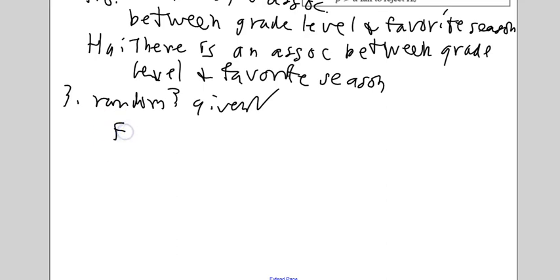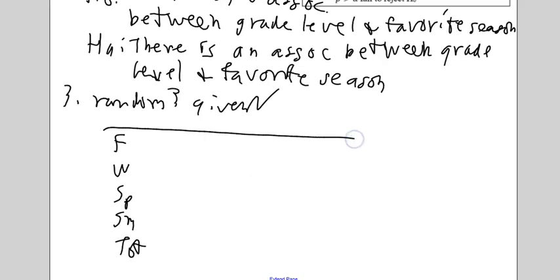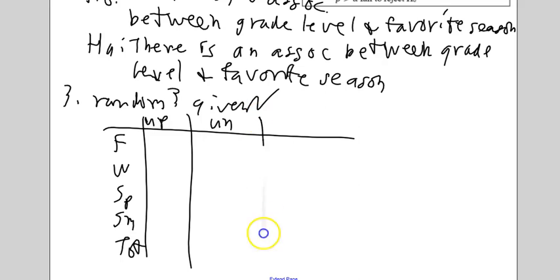So we have fall, winter, spring, summer, total. We have upperclassmen, underclassmen, and total.